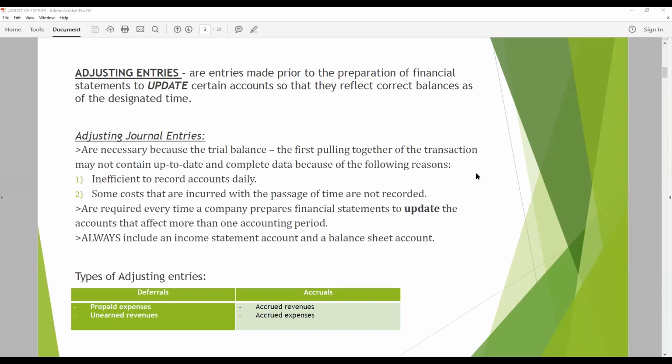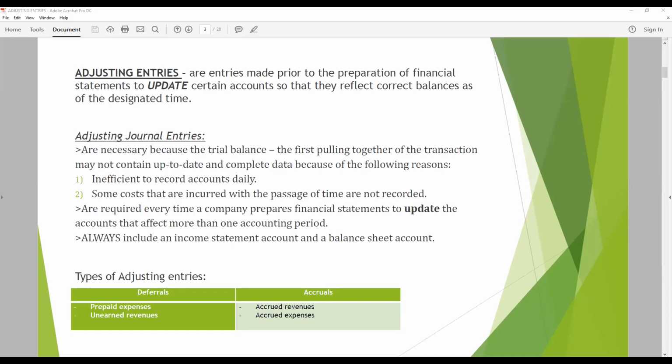So when you record it as an asset first, you need to expense the expired portion at the end of the year, so that your asset account will not be overstated and your expense account will not be understated.